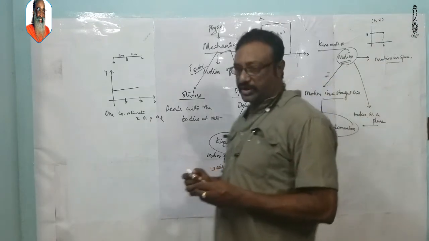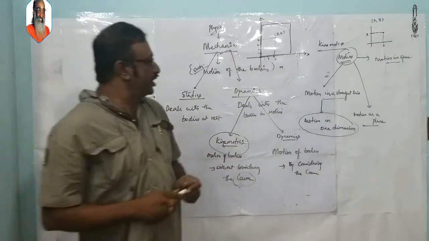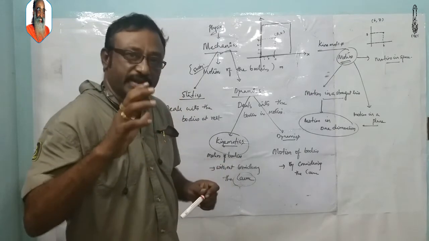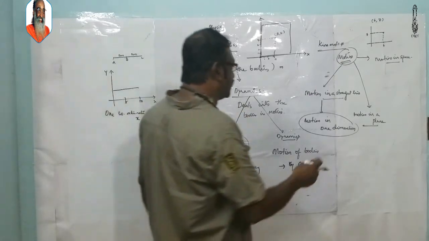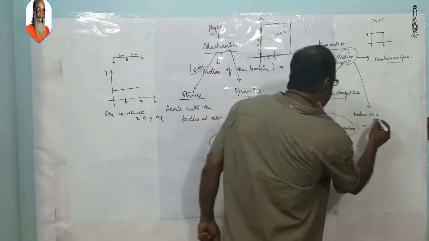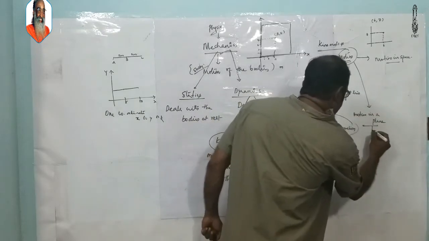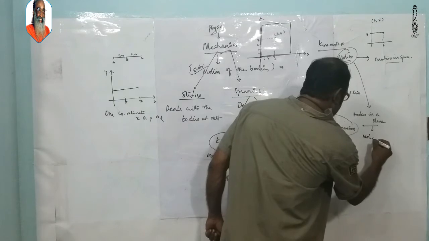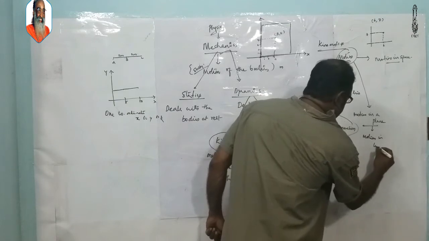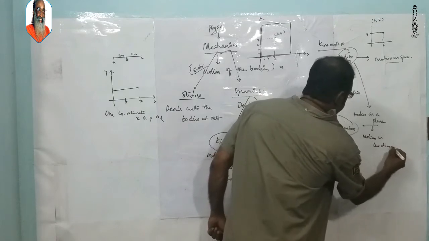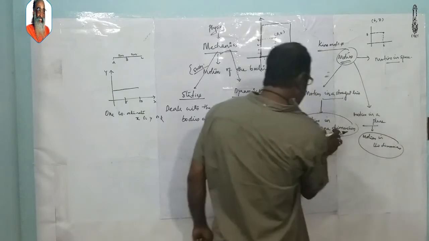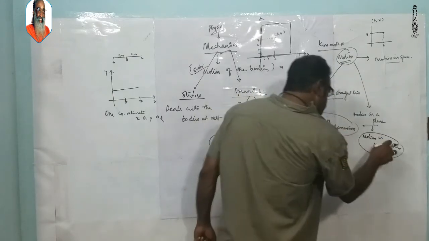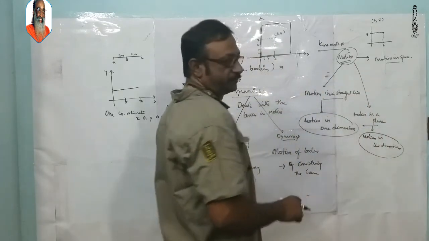Like that you can understand a point lying in a plane. If you are dealing with such things, we call it motion in a plane, and this is named motion in 2 dimensions. To represent motion in one dimension, one coordinate is enough. To represent this, 2 coordinates are necessary.